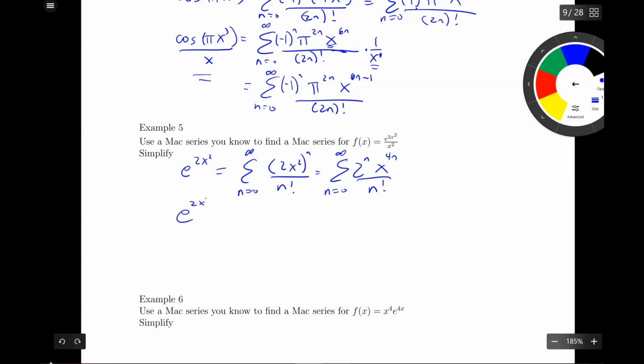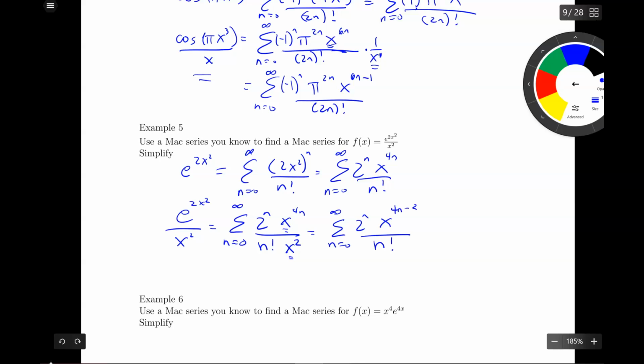So now, dividing by x squared, so 2 to the n, x to the 4n, n factorial, x squared down here, combining these two x terms, I'm going to subtract exponents, so I get 4n minus 2, and there it is.